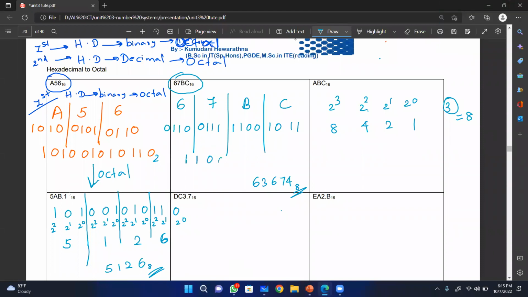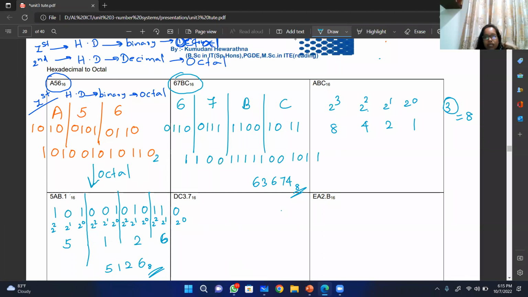Yes, teacher. Right. Then we'll cluster it as threes. This is 6. Then write down the place values and solve them.